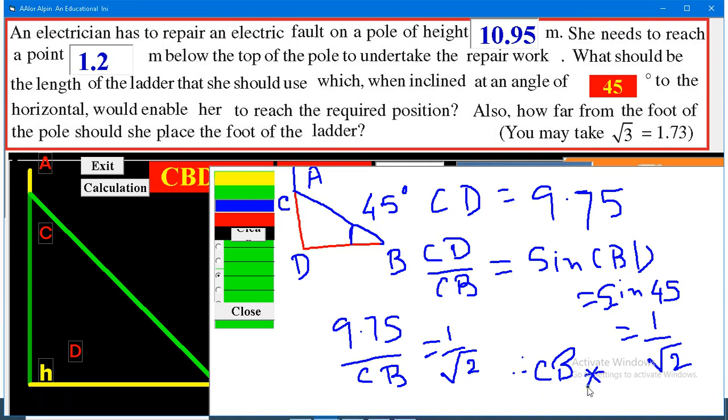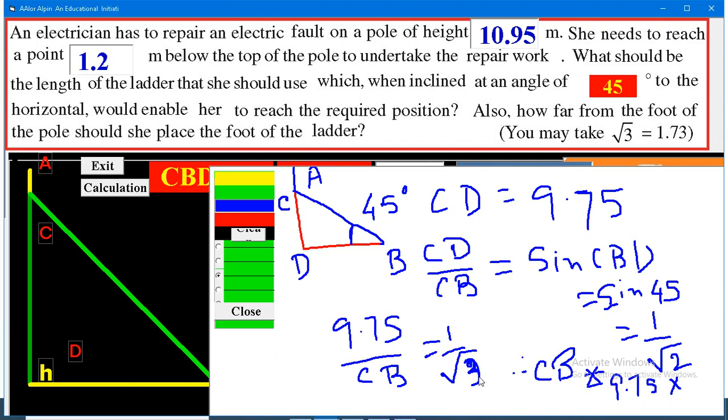Sorry. And root 2 value is given, 1 by root 3. Some mistake. What am I doing, I am making a mistake, no? No, it is 1 by root 2. This is not a mistake.